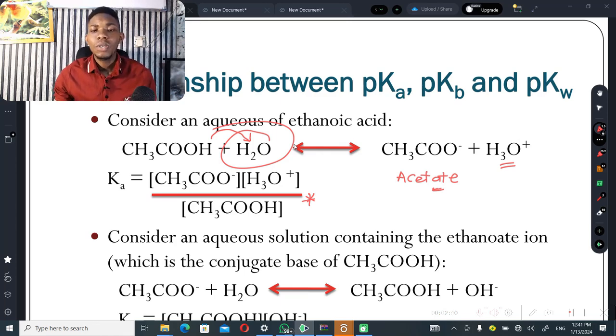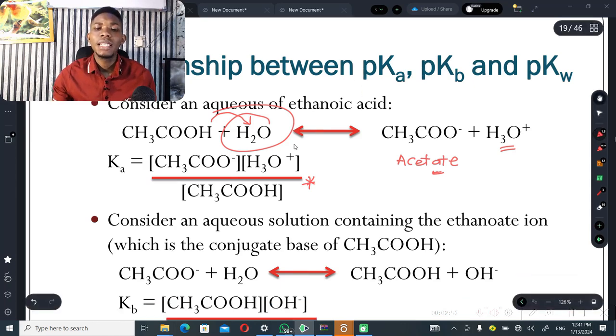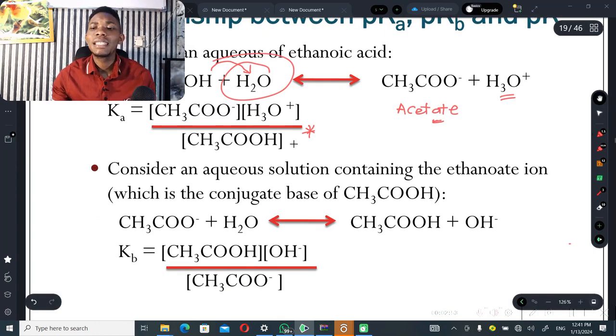Now, consider an aqueous solution containing the ethanoate ion, which is the conjugate base of ethanoic acid.